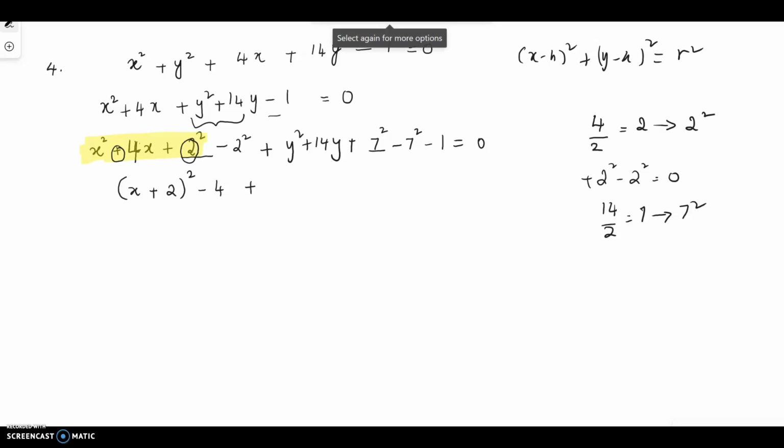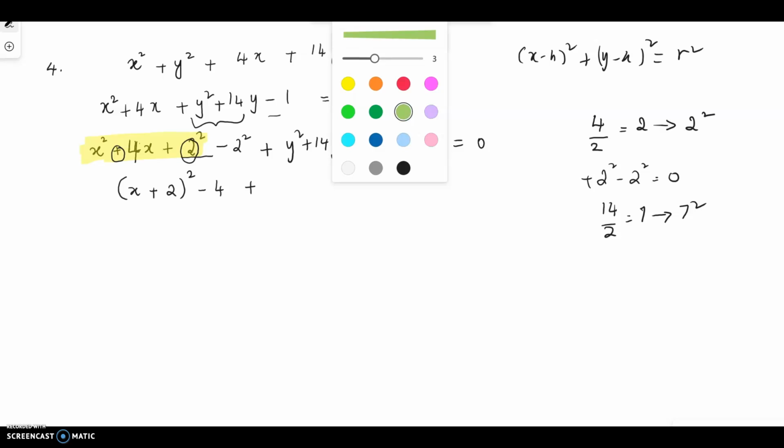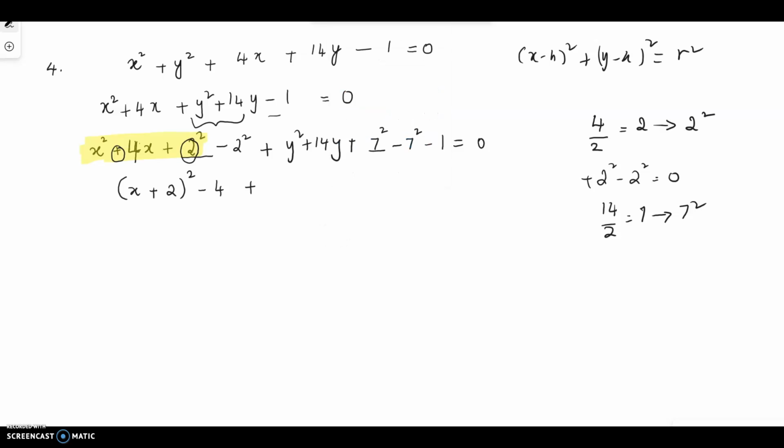Next, we have y squared plus 14y plus 7 squared. These three form a perfect square. So that is (y plus 7) squared, and the sign comes from here, minus 49. 7 squared is 49, minus 1 equals 0.